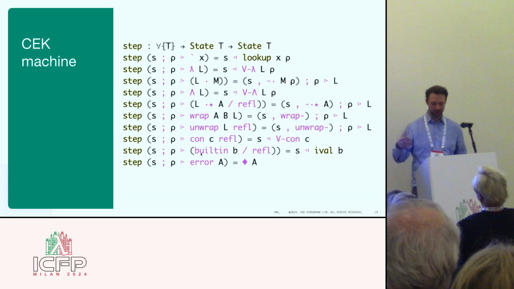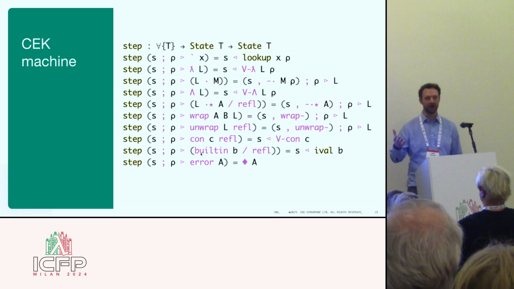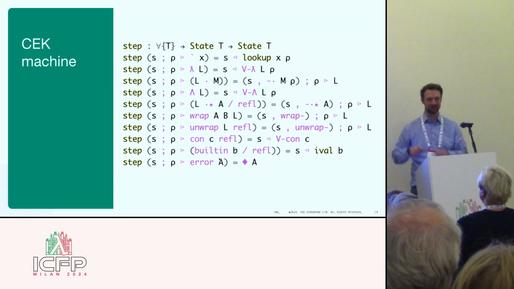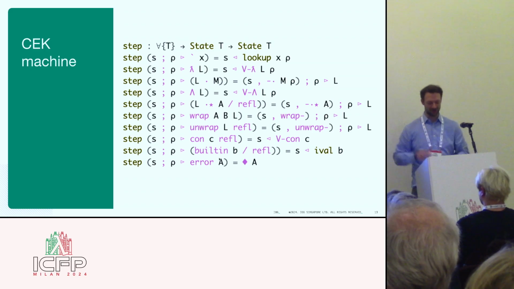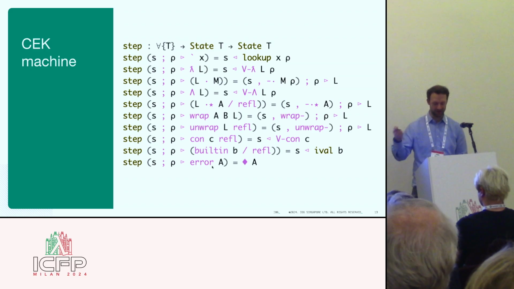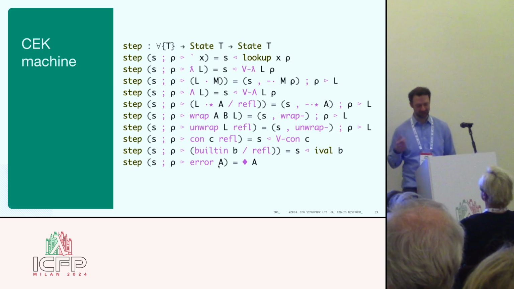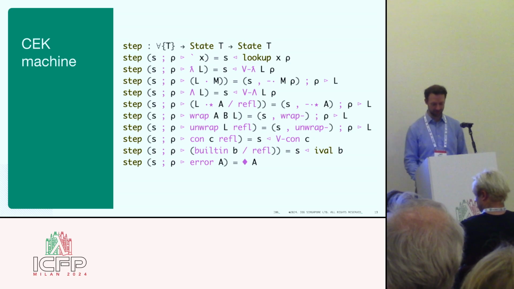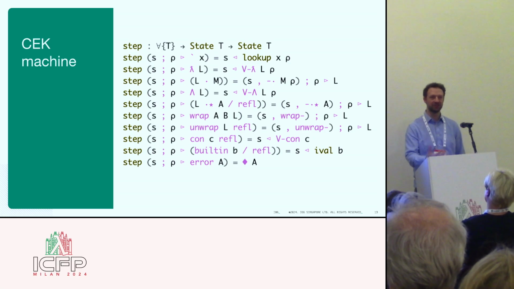This is the rule for an unapplied built-in function, which we just consider a value. There are some more complicated things you need to do when you actually apply a built-in function. And then we have an error code which stops evaluation. That would be something like divide by 0, or where you verify a signature and it doesn't verify. So that's intrinsically typed.